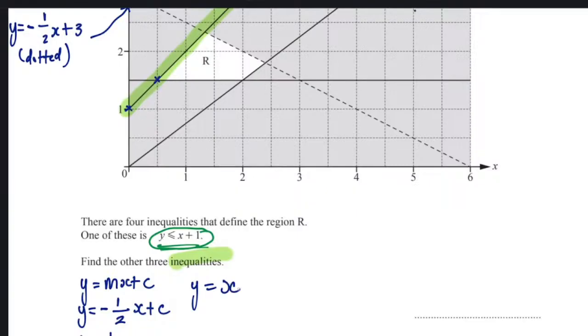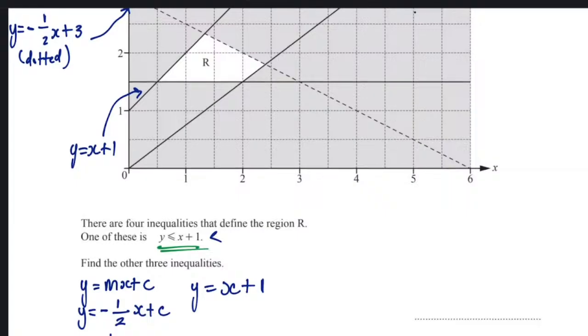I know it's y equal to x because it's going up. If it was going down corner to corner, it would be y equal to negative x. But here, because it's going up corner to corner, it is y equal to x. Then you just need to find where it cuts the y-axis, here at 1. So it's y equal to x plus 1. You already have it. You are not going to convert it to an inequality because it's already been converted for you.